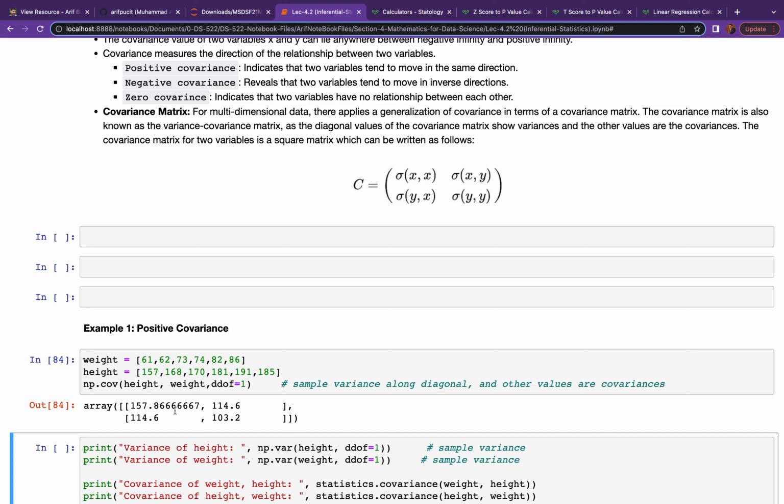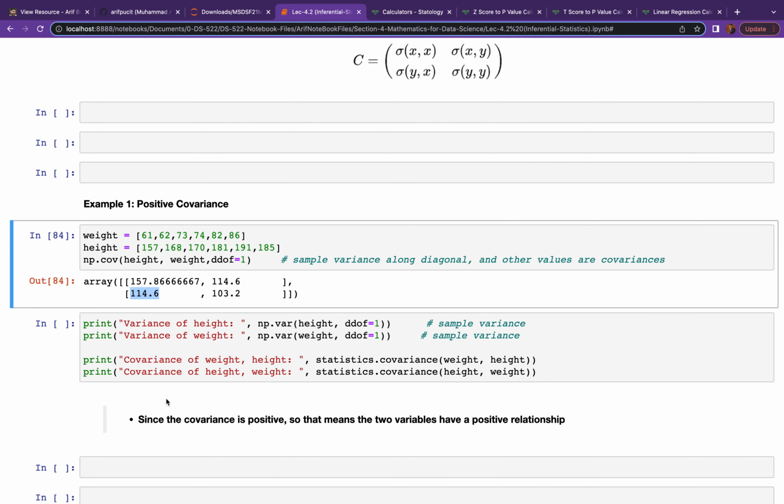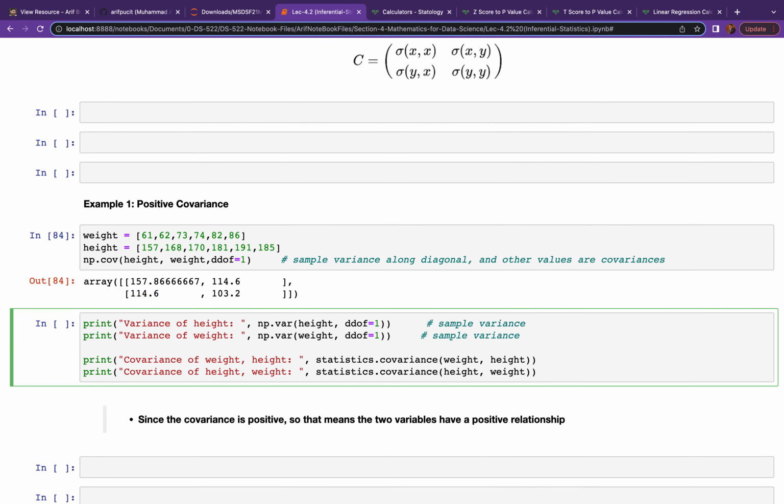The covariance matrix is also known as the variance-covariance matrix, as the diagonal values show the variance and the other values show the covariance as well. One more important point to observe is that the covariance of xy and the covariance of yx is the same.